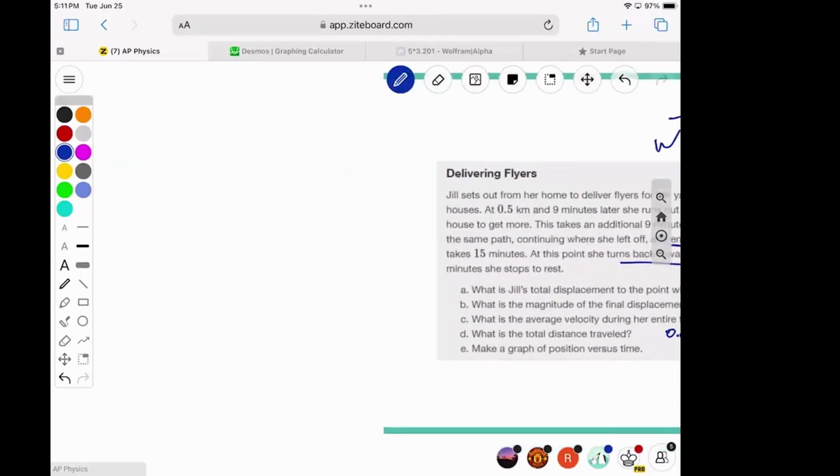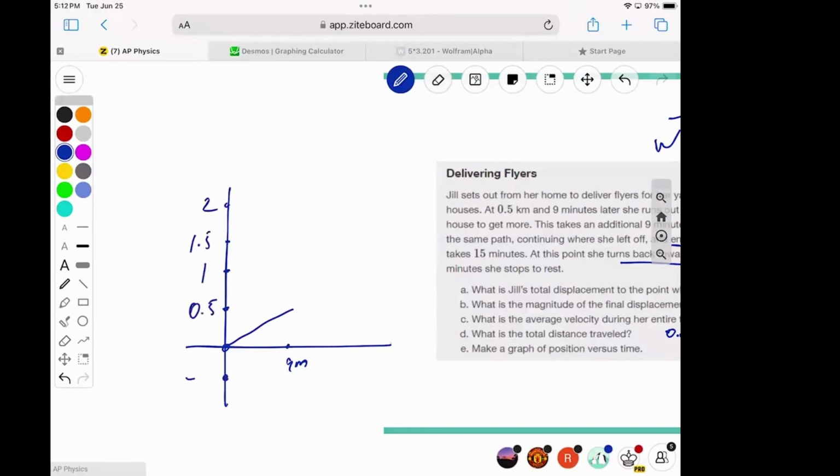Okay, and then we need to make a graph of the position versus time. So that part, let me do on the left. So starting from 0 minutes, let's say 9 minutes later, I went up to 0.5, right? So let's say this is 1, this is 2, this is 3, and then, oh, sorry, I should label this 0.5, 1, 1.5, and then 2.